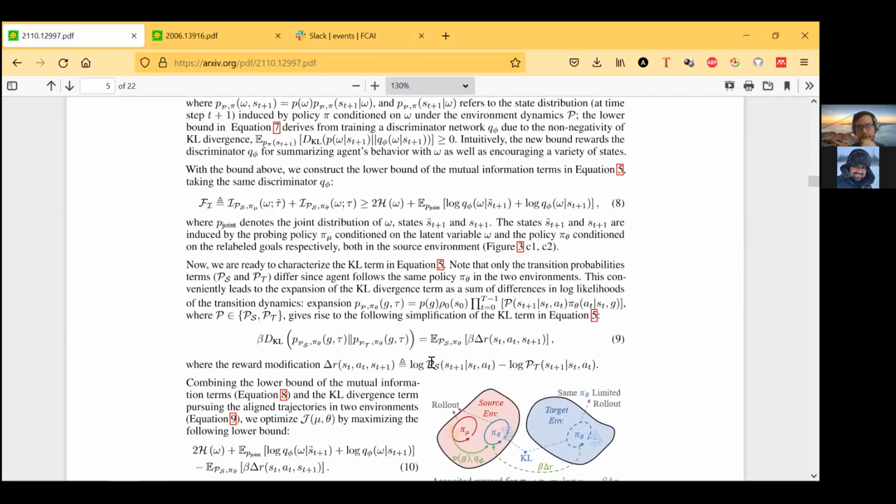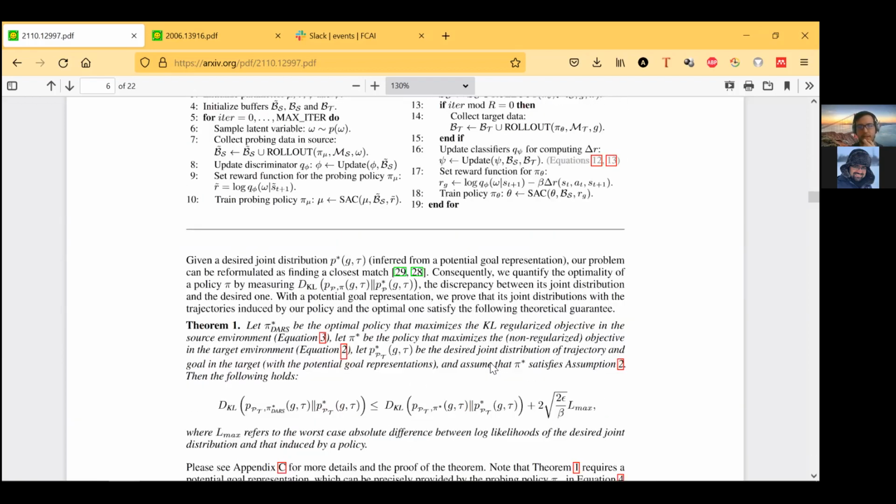Starting from this, just applying Bayes rule, the probability of s_{t+1} given s_t, a_t and source is the probability of s_{t+1} given s_t, a_t, so like the prior, and then the likelihood, the probability of being in the source given s_t, a_t, s_{t+1}, divided by the probability of the source given only s_t and a_t. There will be one extra term, which is just the transition irrespective of whether it's the source or the target.